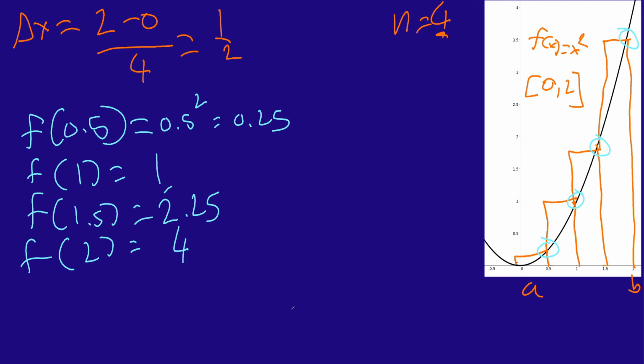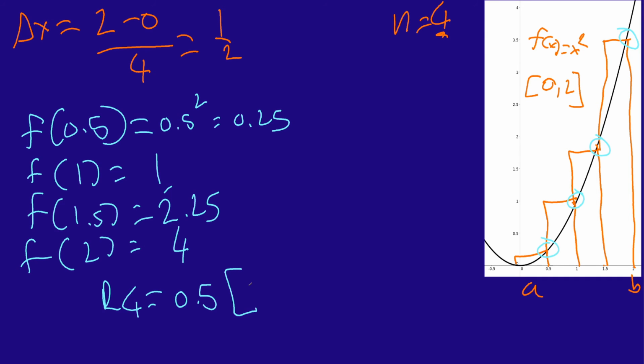And we've done this before in the previous video. And so here's how we can do this. This is kind of the common notation here, we're going to do R4. Now, the last time I multiplied delta x by each one, but there's a shortcut. I'll show that to you right now. If I just do 0.5 on the outside here, and then I put inside brackets all of my information.